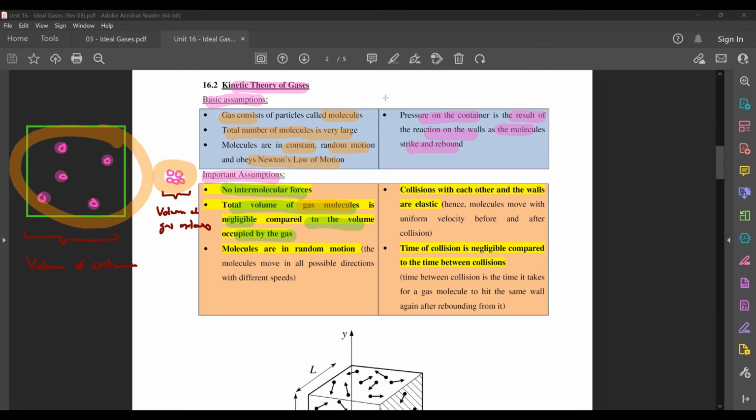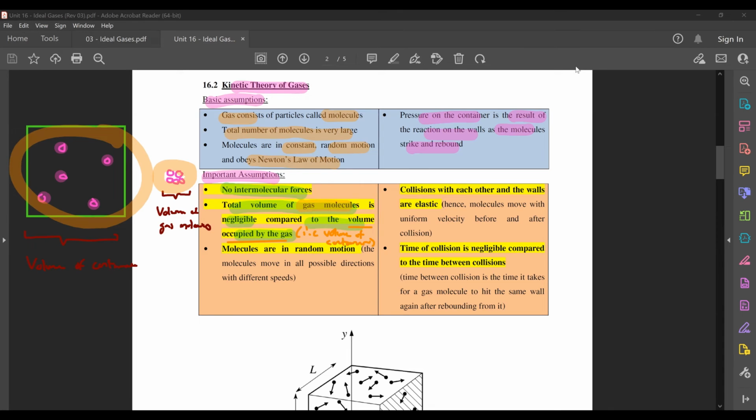Here, I did not write it as volume of your container. I wrote it as volume occupied by your gas. It's actually the same thing. So this one I probably should write as volume of container. So this is the second assumption under kinetic theory of gases.